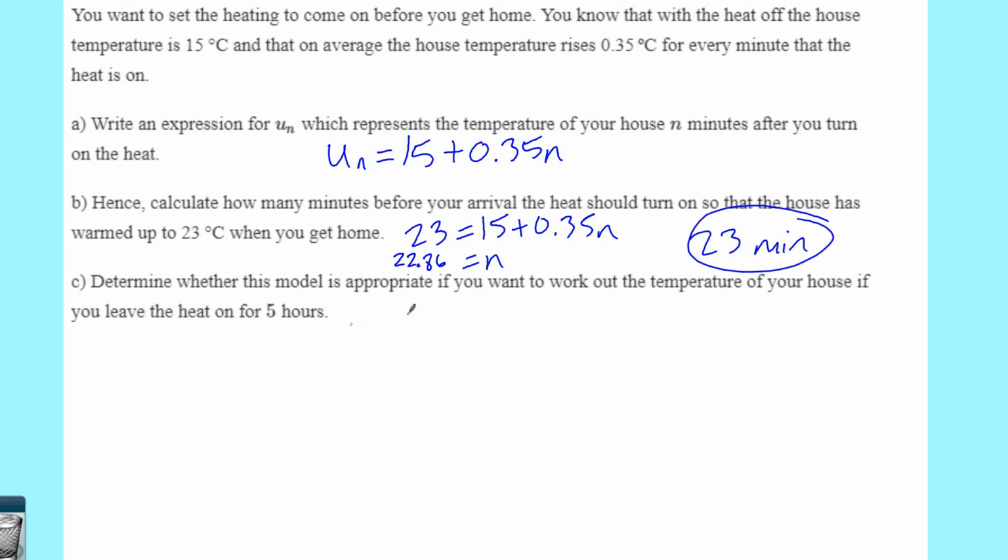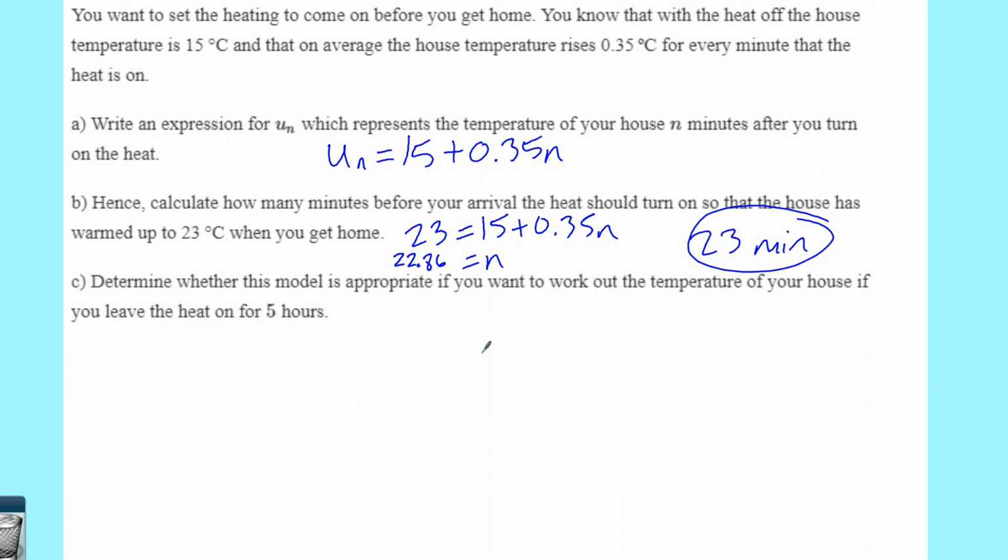All right, determine whether this model is appropriate if you want to work out the temperature of your house if you leave the heat on for 5 hours. Well, we're talking about minutes. So 5 hours, my goodness, guys, we're talking 300 minutes. So 300 times 0.35 is 105 degrees Celsius.